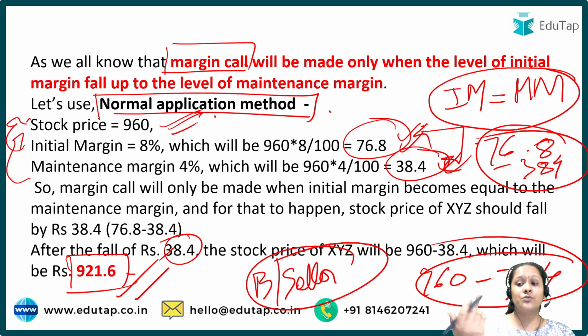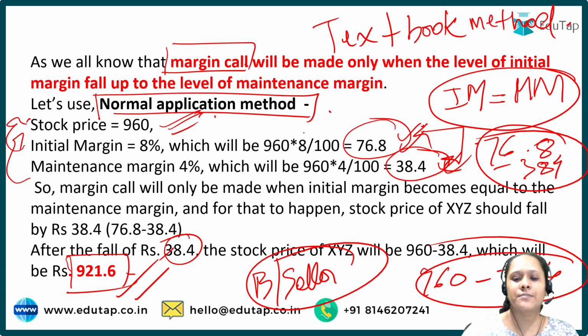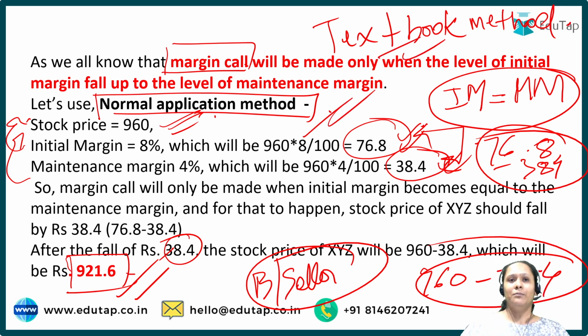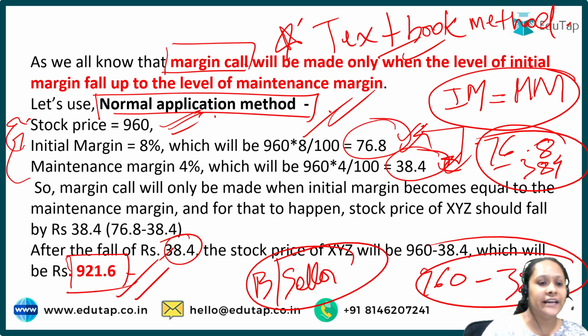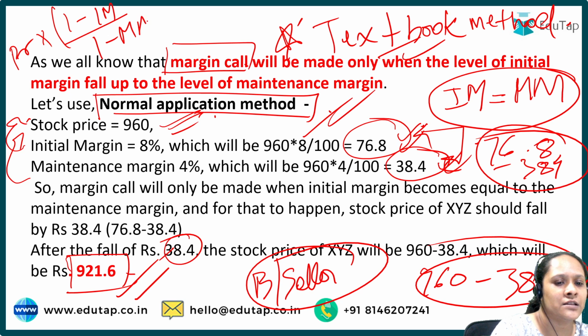The other method used to calculate the margin call is known as textbook method, ठीक है। both the cases, both these methods give you the right answer, but ऐसे याद रखना कि जब भी टेक्स्ट बुक मेथड और नॉर्मल एप्लीकेशन दोनों का आंसर दिया है, वी चूज टेक्स्ट बुक मेथड फॉर फाइंडिंग द आंसर, ठीक है। What is the formula of textbook method? It is nothing but the spot price multiplied by 1 minus initial margin by 1 minus maintenance margin.